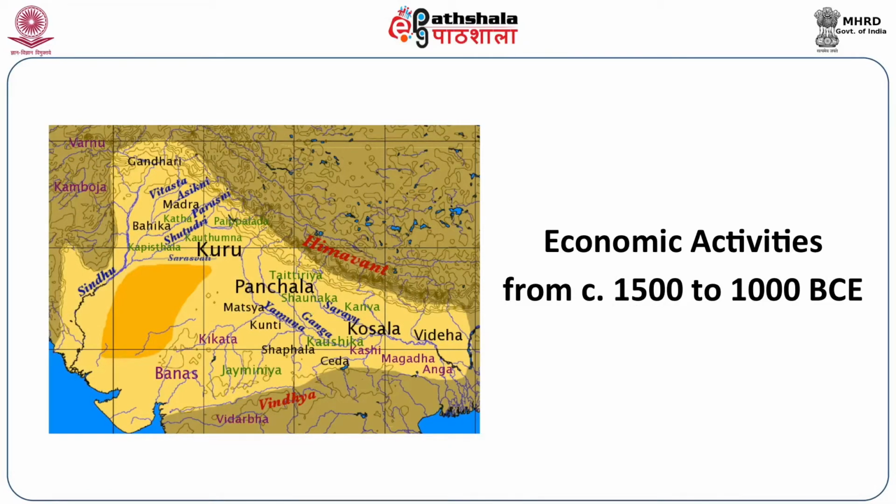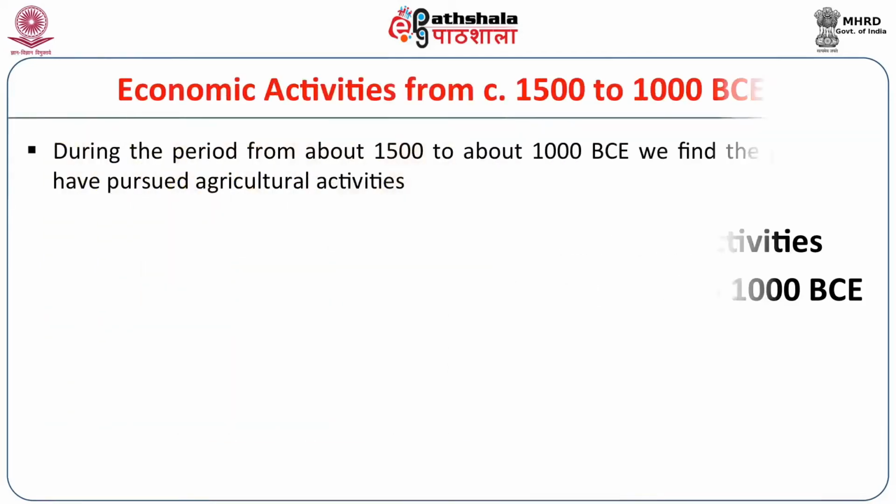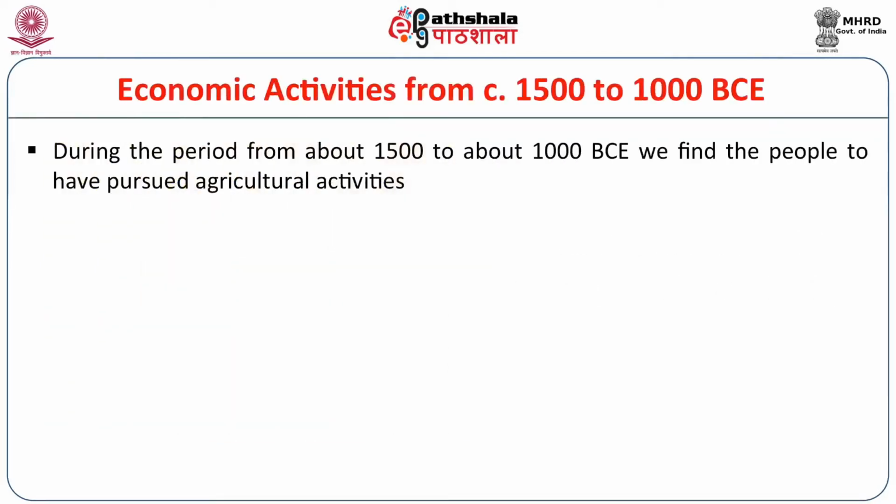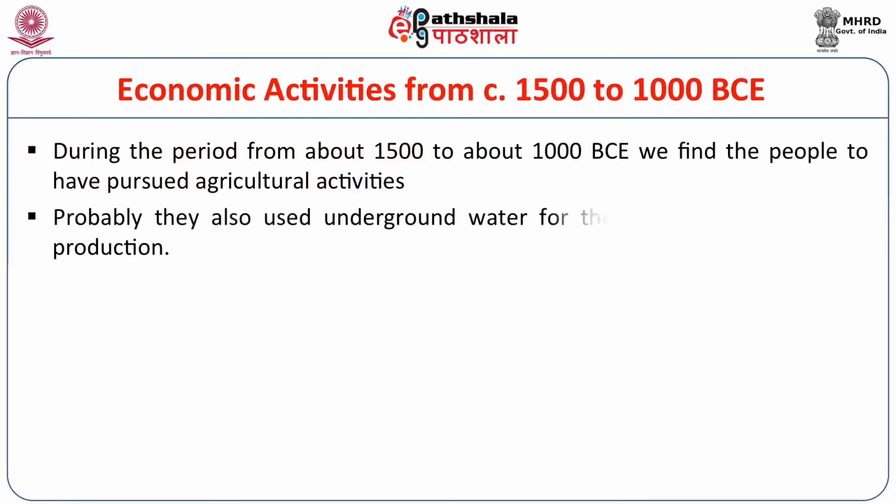Now, after this, what do we get? We get economic activities up to 1000 BCE. So, we have introduced 1500 to 1000 BCE. What do we get during this time period? During the period from about 1500 to about 1000 BCE, we find the people to have pursued agricultural activities.